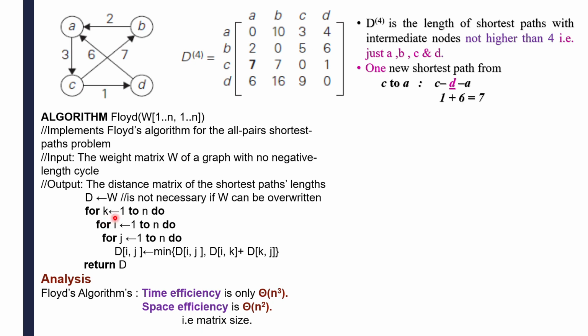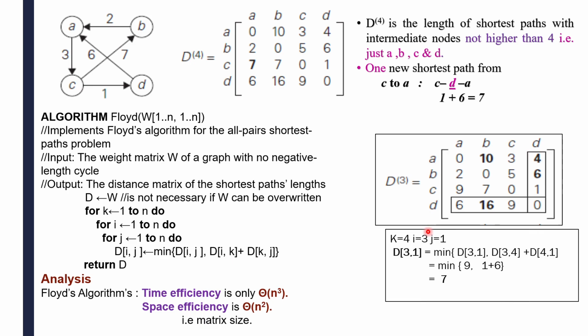Let's see. For example, k equal to 1 to n. Here k indicates the intermediate vertex, i is your source and j is your destination. And what is the equation you are using now? D of ij equal to min of d of ij comma d of ik plus d of kj. Here I took only one example.